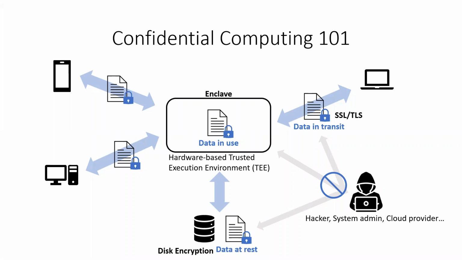So how can we actually achieve this goal? It requires a combination of various technologies. For example, we can protect data at rest with disk encryption and data in transit with SSL/TLS connections. The core, and what we are focusing on today, is protecting data in use with enclaves.